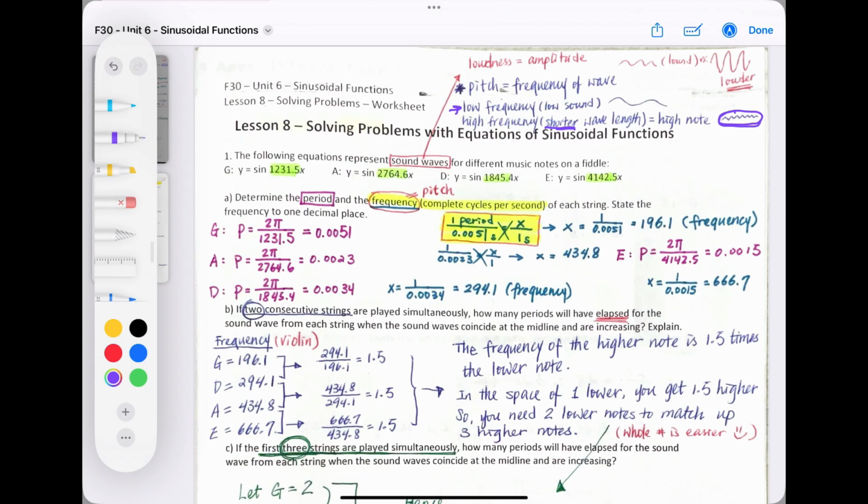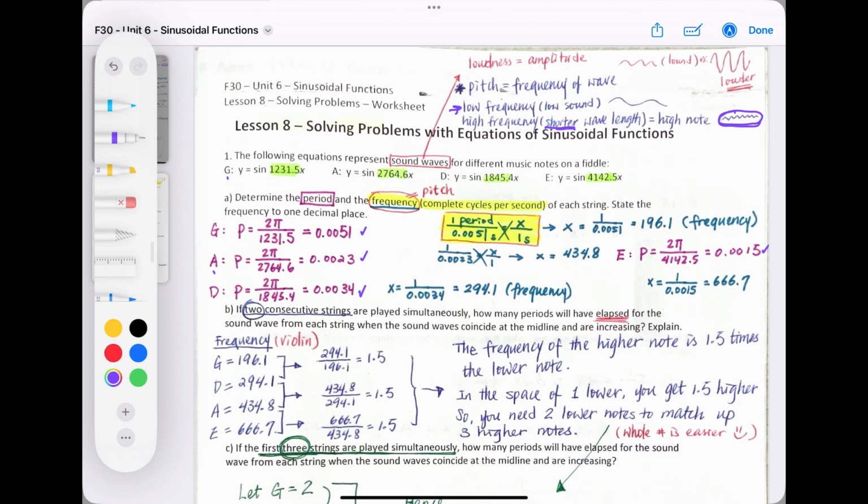We are going to use 2 pi divided by my B value to find the period for each individual string: G, D, A, E. That will be my period.